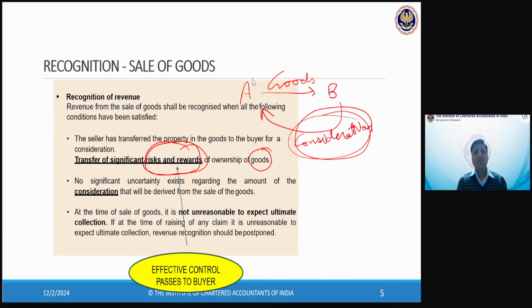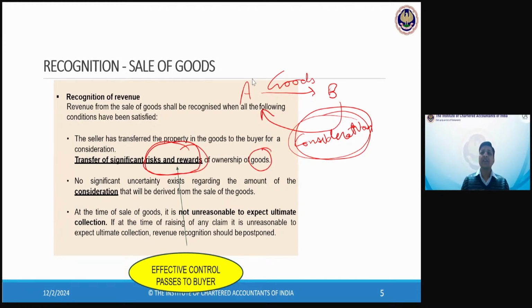To answer your question, that there will not be any provision for bad debts, it's only there in case of banks, this is not correct. Even for companies, entities other than banks, there can be a provision for bad debts.